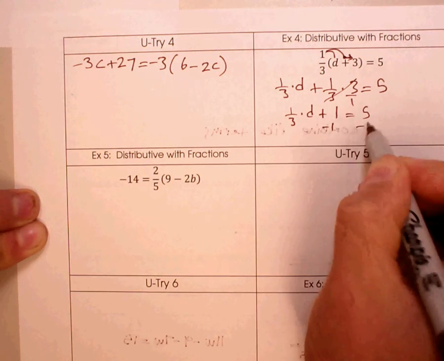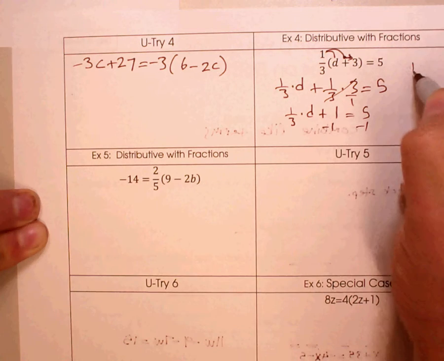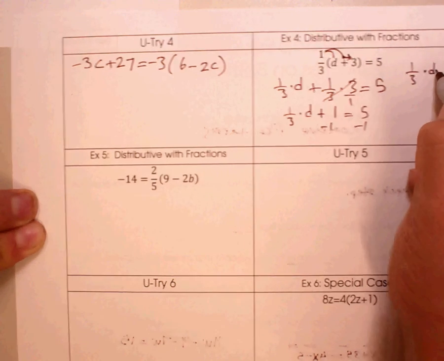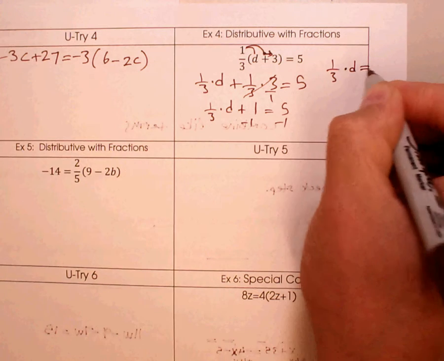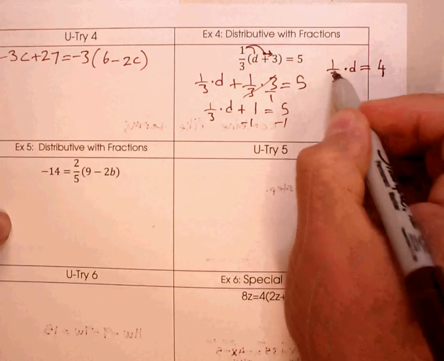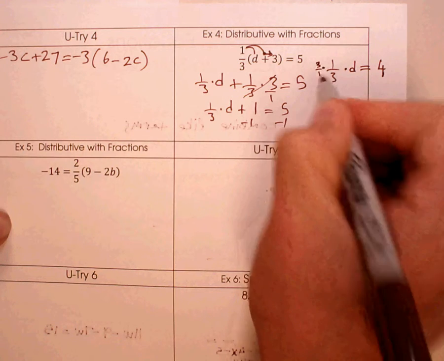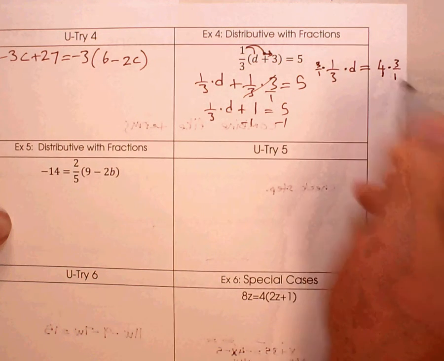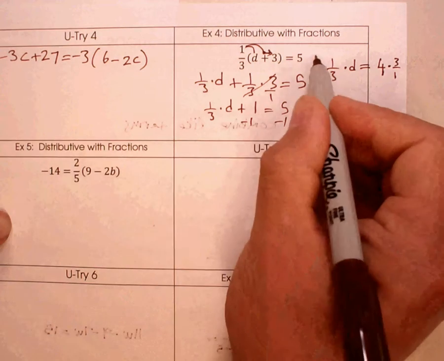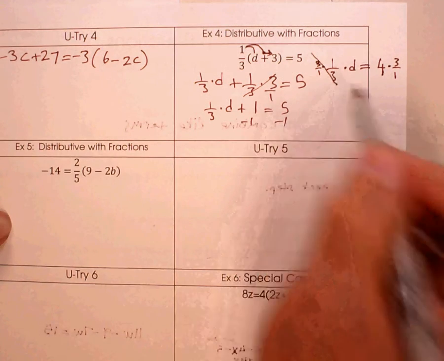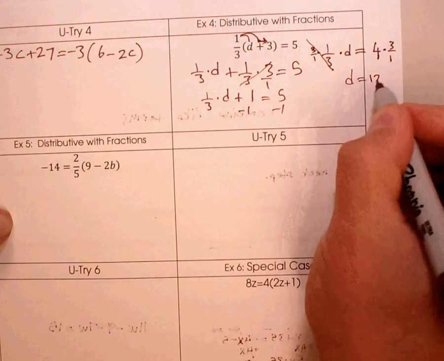We will subtract 1 from each side. 1/3 times d will be equal to 4. To get rid of 1/3, I will multiply it with its reciprocal, 3 over 1, on each side. These will simplify. Then d is equal to 12.